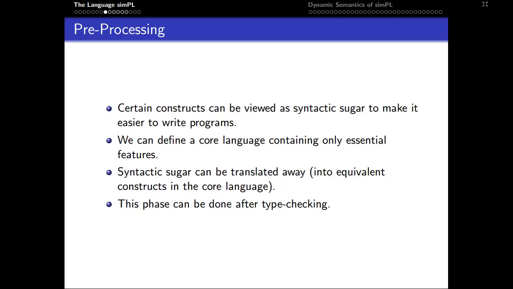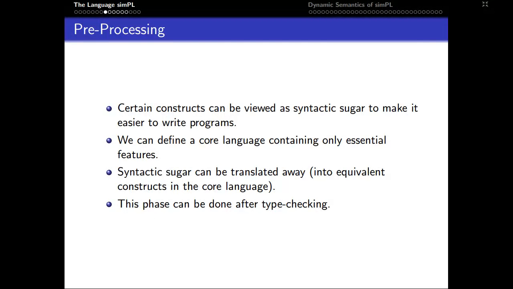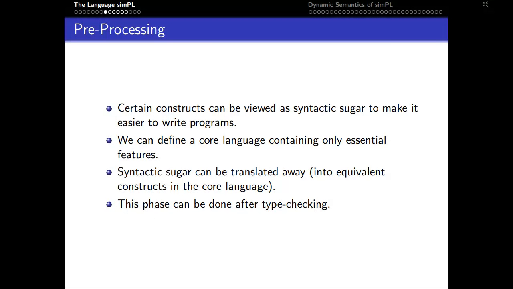Now, there's a notion of syntactic sugar. Most languages are defined in the following way. First, we define a core language, which we pretty much have done already. And then they define what they call syntactic sugar: more complex constructs which, however, can be reduced to the core language.